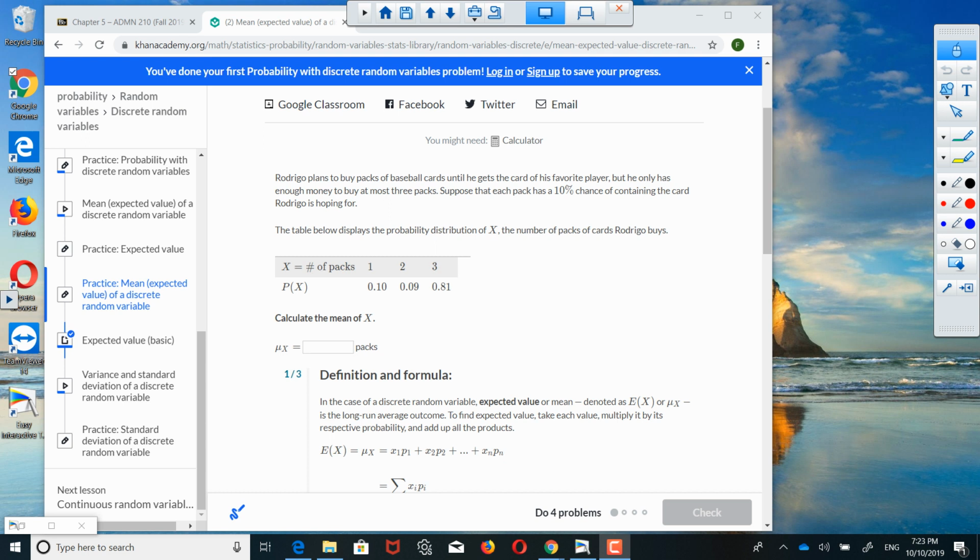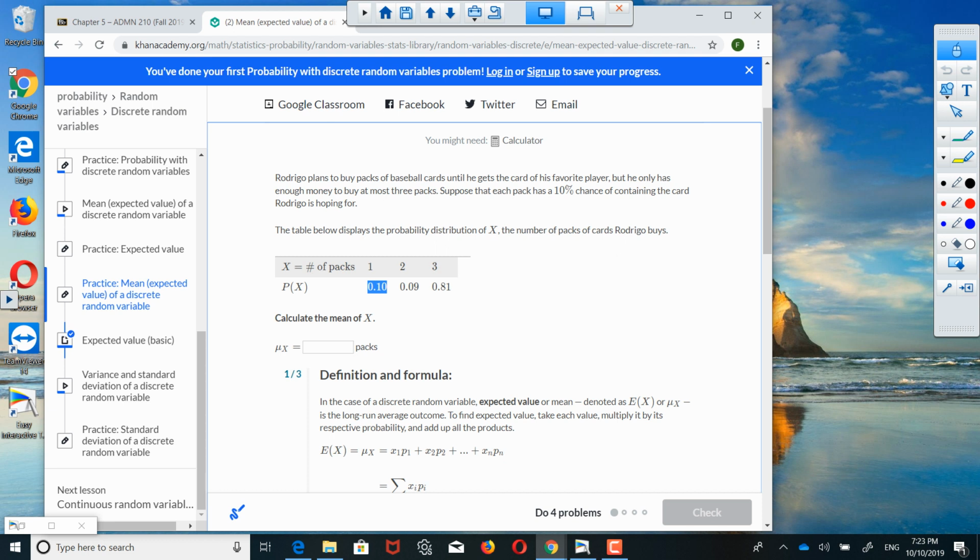So basically this is a table, and x is a random variable which represents the number of packs of cards he buys. The probability that x is 1 is 10%, 0.10.